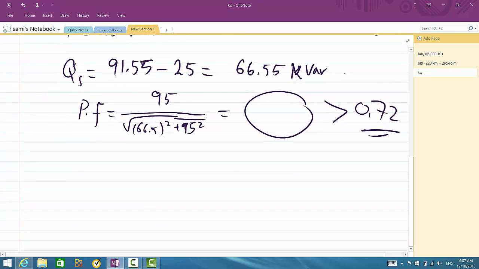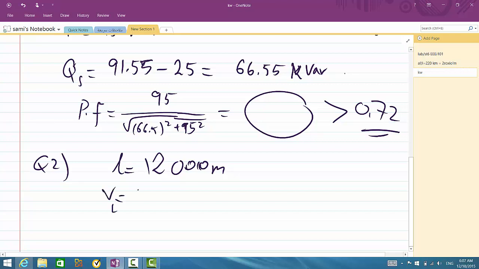For question number 2, an industrial plant is supplied by a dedicated 12 kilometer line. So the length of the conductor is 12,000 meters, and the voltage V line to line is 34.5 kilovolt.